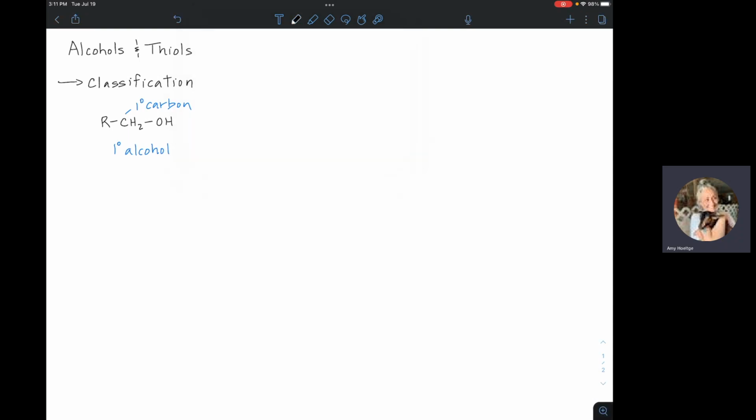And the same thing goes for secondary and tertiary alcohols, right? We have a secondary carbon, so we have R, another R, CH, and then the hydroxyl group, which makes it an alcohol. And for a tertiary alcohol, we would have three R groups, R, and then C, R, R. This would be reminiscent of the substitution elimination chapter.